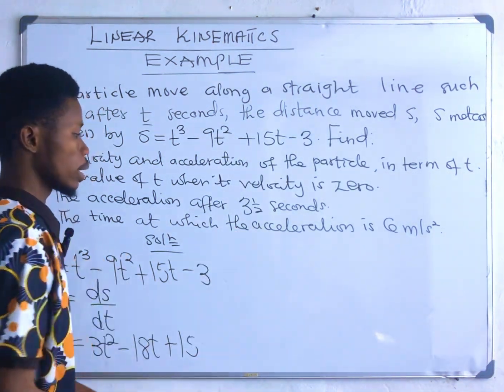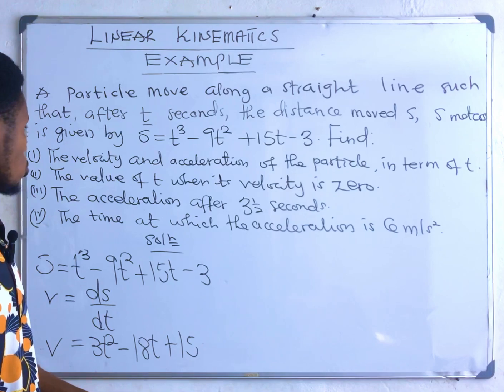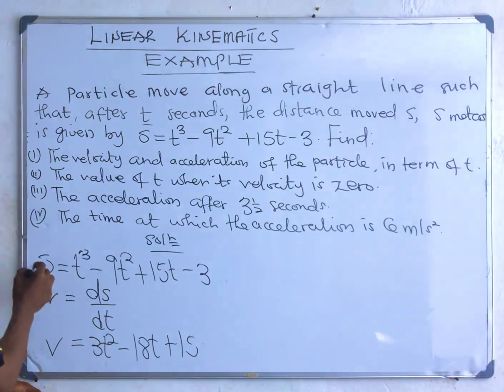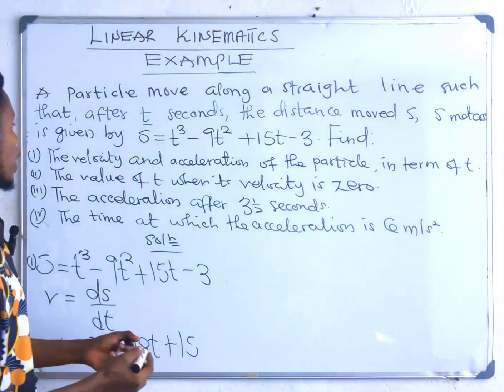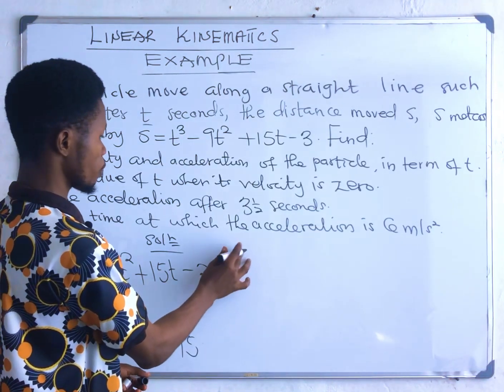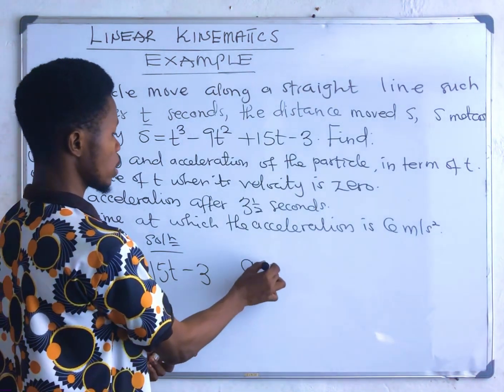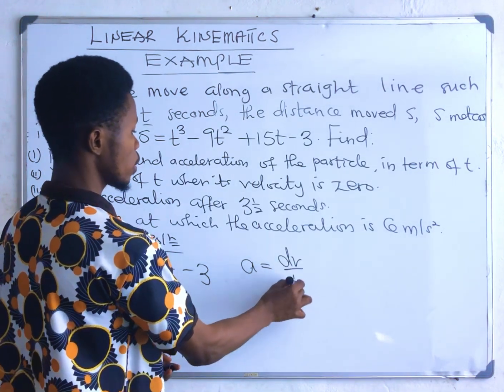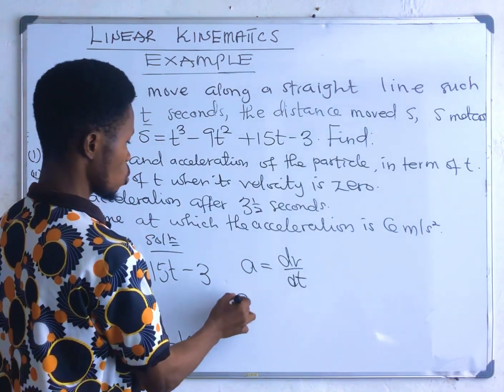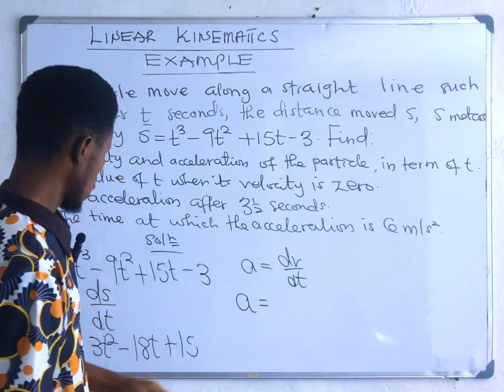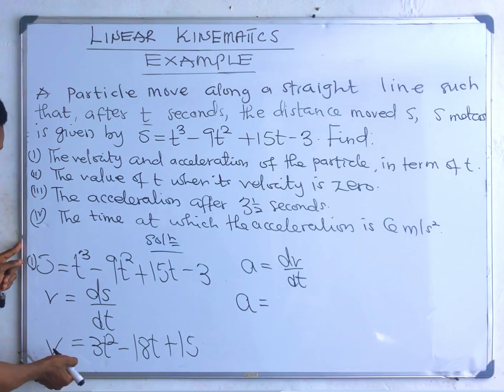Then I'm tasked to also find the acceleration. So my acceleration will be what? dv/dt. So acceleration is equal to, now I'm going to differentiate this instead, not this.